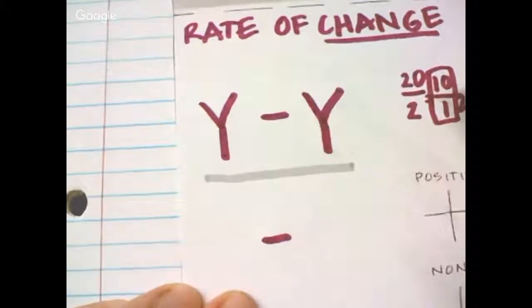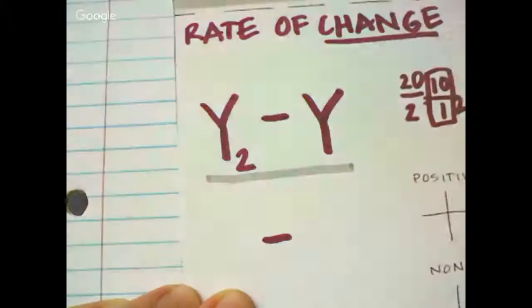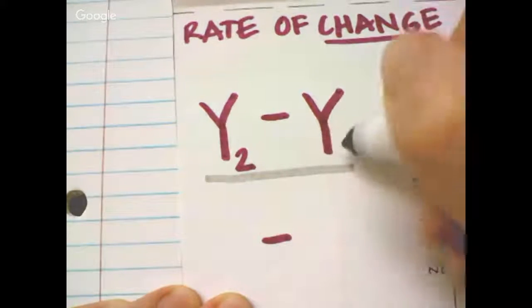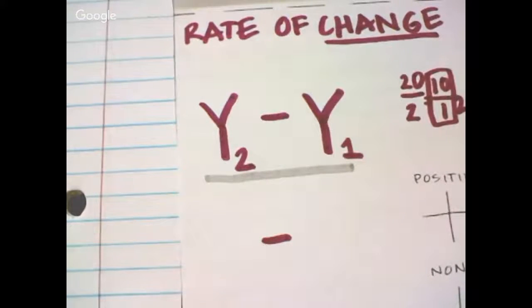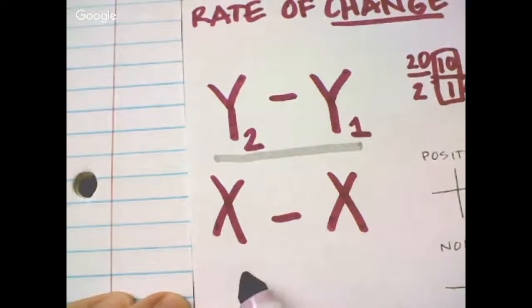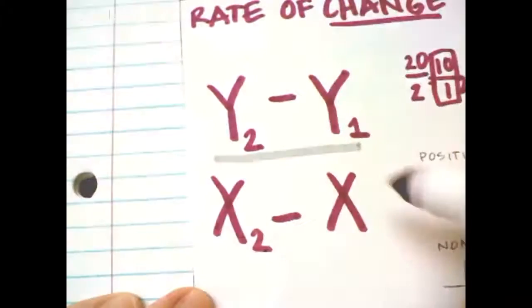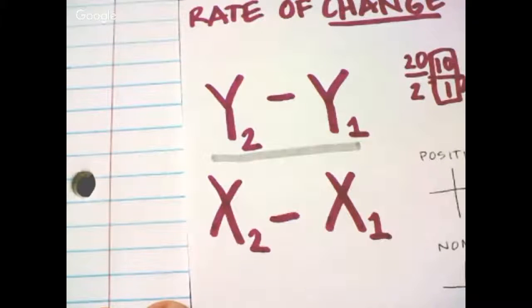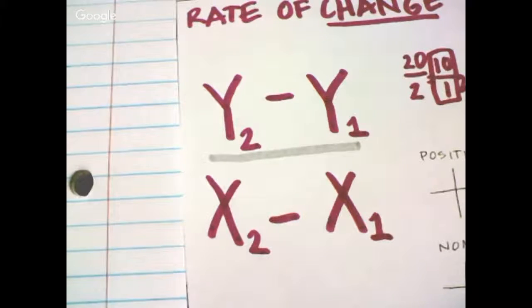So I'm going to say a change in my second y, or a second y value minus the first y value. And then a change in x, same thing, it's hard to distinguish. So my second x value minus my first x value. So that's another way I can think about it.